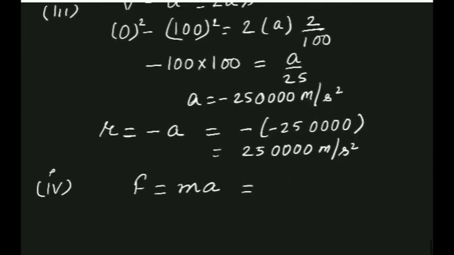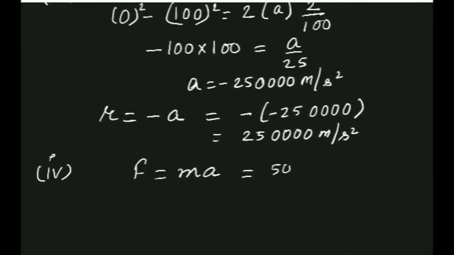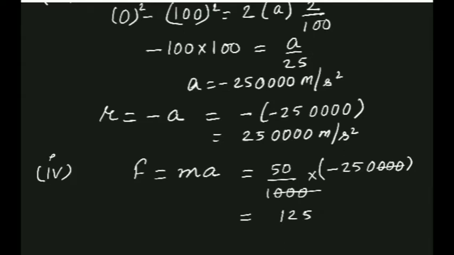We have written 50 gram. 50 upon 1000 into minus 250000, and these three zeros will be cancelled, and we will get 12500 minus sign, and the answer is coming in Newton. And why the answer is coming negative? Because the force is retarding force.